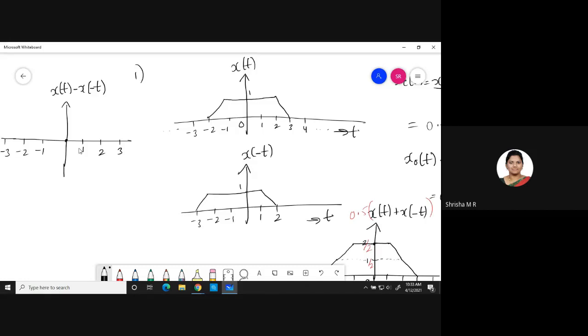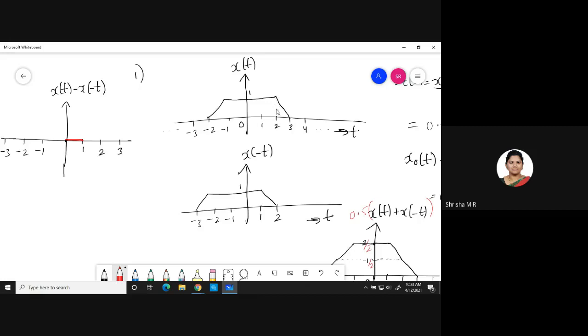So at t is equal to 1, what do you have? X of t, amplitude is 1 here. At t is equal to 1, for x of minus t also you have 1. So 1 minus 1 is 0 only. Now you go to 2.